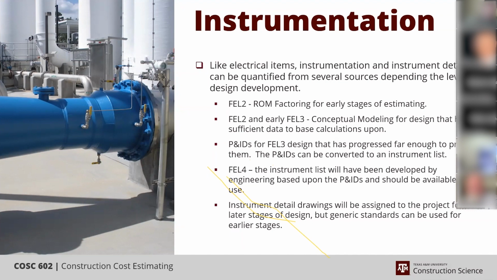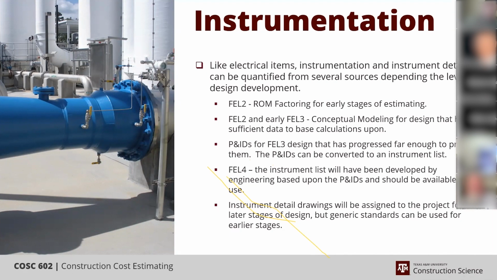Once you move out of FEL2 and FEL3 and you start to have P&IDs that are far enough along that they can be used, then if you don't have an instrument list but you have a set of P&IDs, you can make an instrument list, because the P&IDs illustrate all of your instrumentation, and show how they're related to the pipe and to the equipment, because they illustrate where they are.